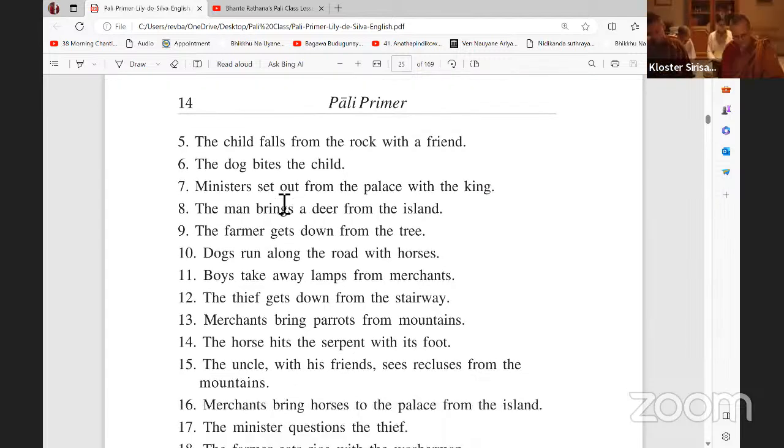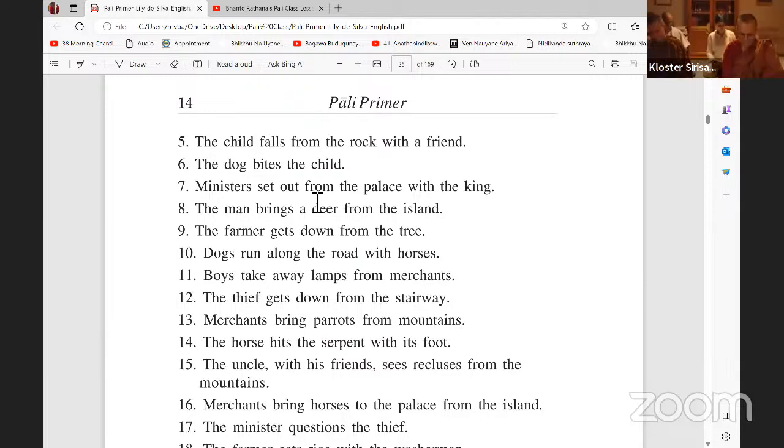Very good. Number 6. The dog bites the child. Kukuro darakang dasati. Yes. Very good. And number 7. Ministers set out from the palace with the king.